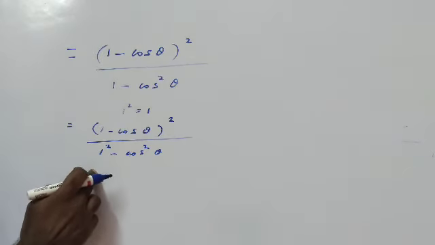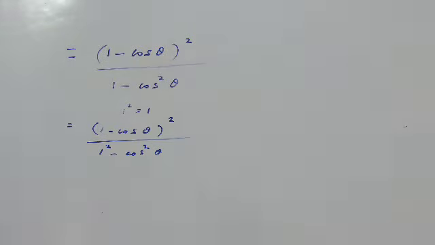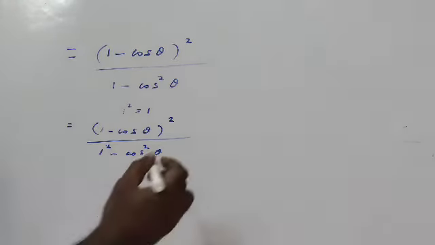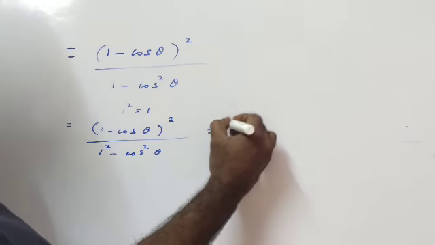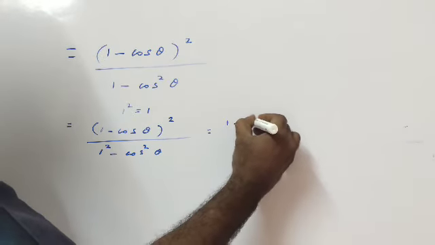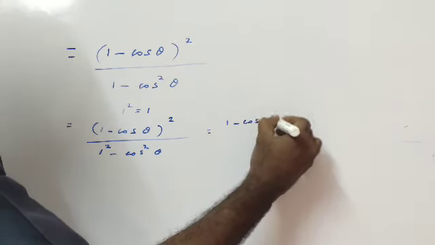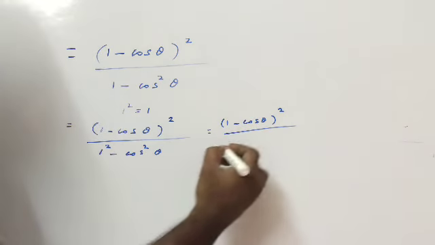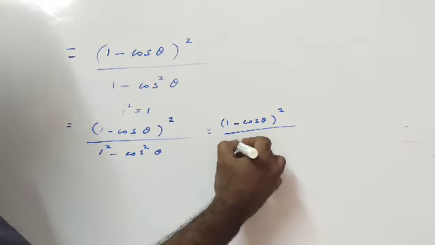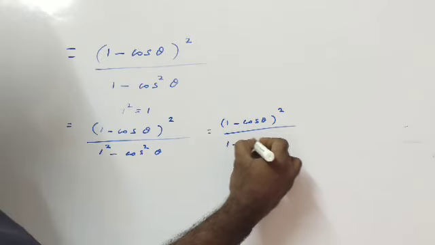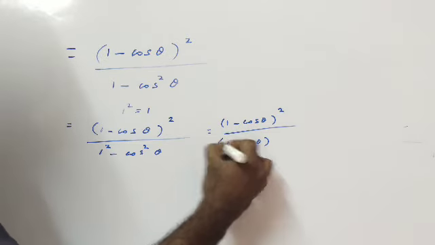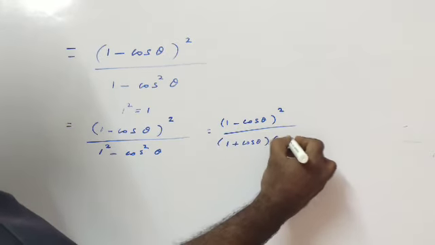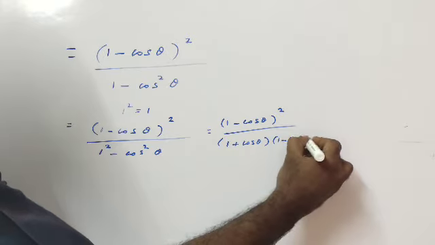This looks like the a square minus b square formula. A square minus b square formula is a plus b into a minus b. In the numerator, 1 minus cos theta the whole square; in the denominator write a plus b into a minus b, that is 1 plus cos theta into 1 minus cos theta.